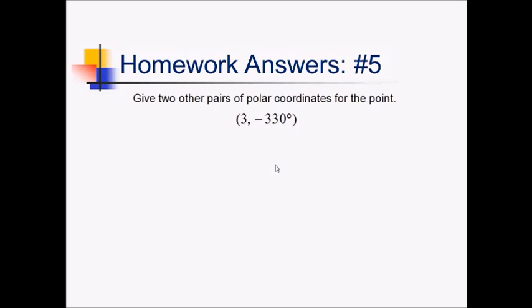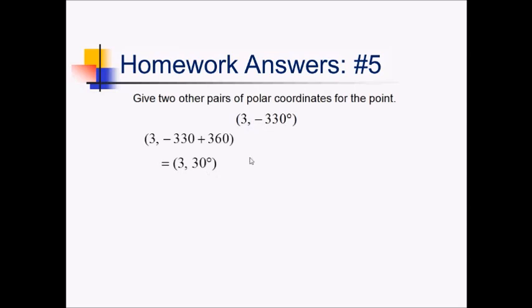On this problem, we're trying to get 2 other pairs of coordinates for this polar point here. There are 2 different ways to get polar coordinates that are equivalent to what you have. One is to either add or subtract 360 while keeping the radius the same. So for example, here we could do (3, whatever negative 330 plus 360 is), which would be (3, 30°).